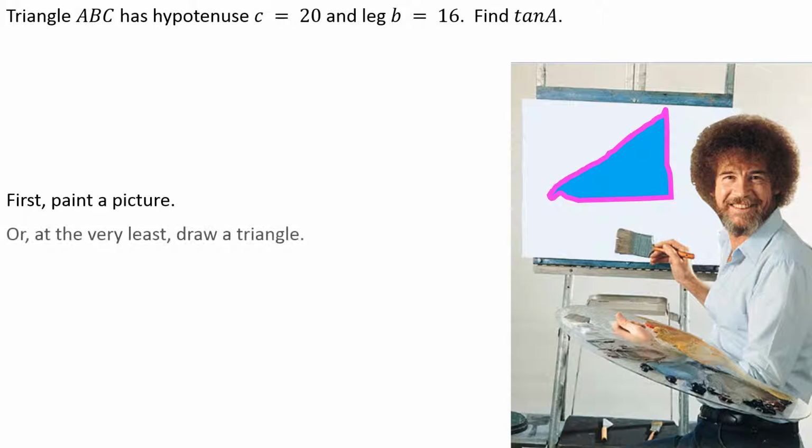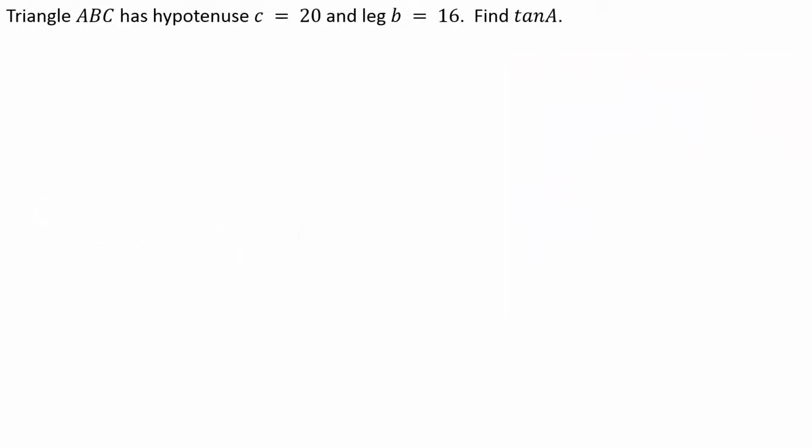Well, maybe I can't paint a really beautiful picture, but I can draw a triangle. Doesn't have to be a perfect triangle, but try to make it look like it's got a right angle. Remember, we use the capital letters for the angles.